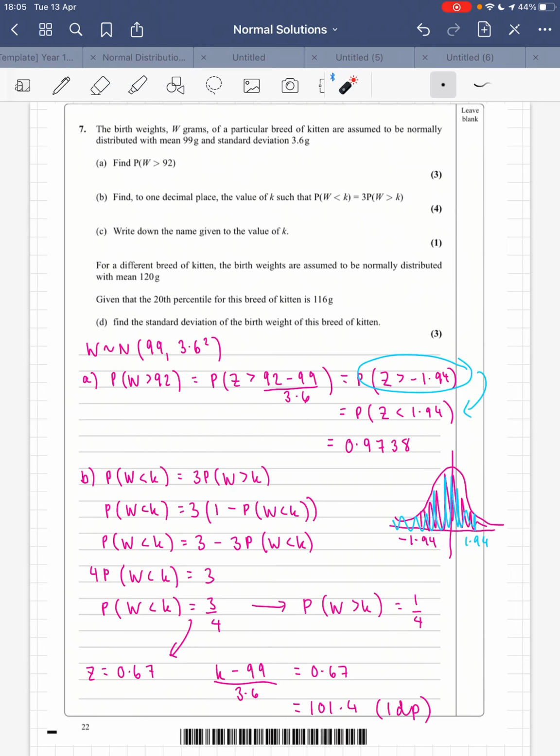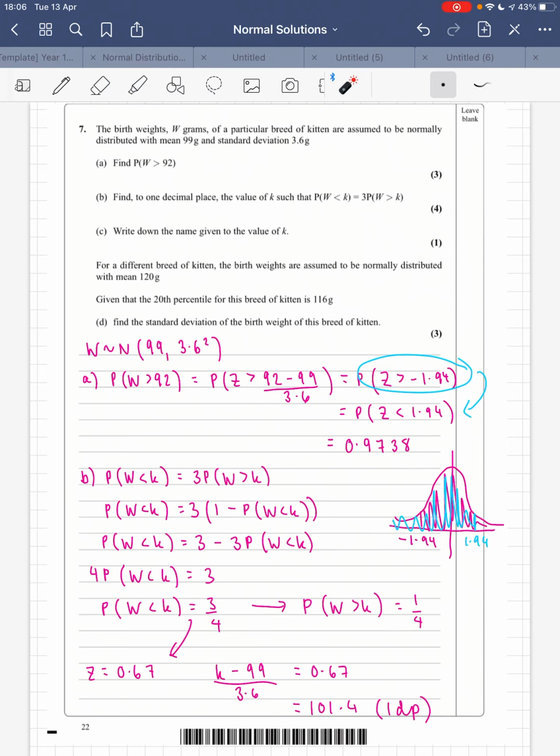Once we have our value of Z, we can uncode it. So we know that we took K and subtracted the mean, divided by standard deviation, and that gave us a Z value of 0.67. Rearrange, solve, find what K is, and you get K is 101.4 to 1 decimal place, which is what it asked for.